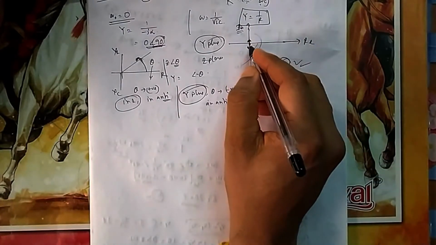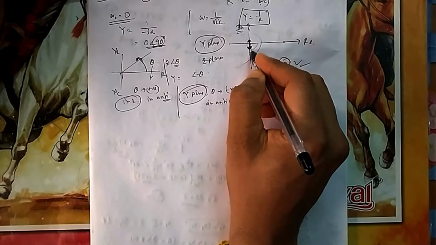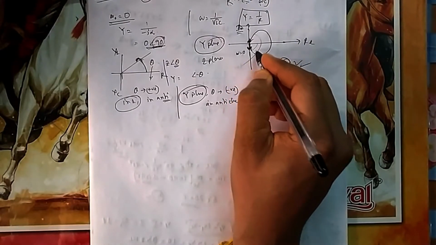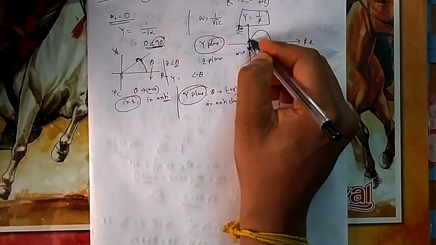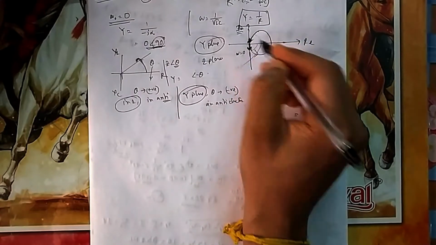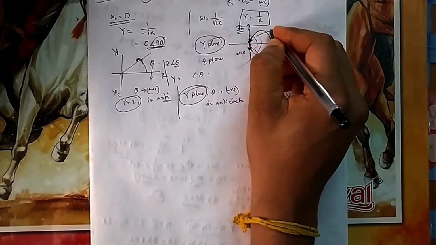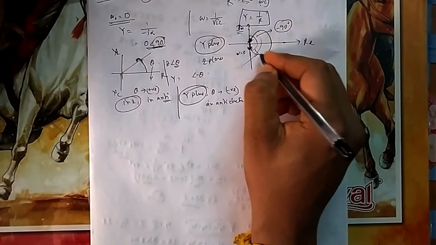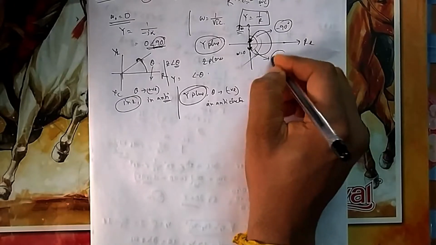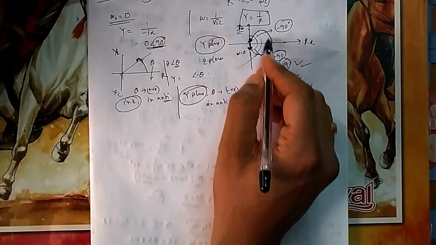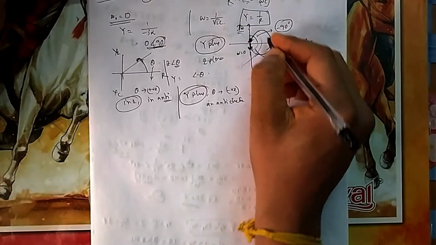I got it from this direction, it will come out and reach here, because at omega 0 it will be here, and then it will move and finally enter like this, because the entry angle should also be 90 degrees. Minus 90 is upward in Y, and this is plus 90. That is the difference. So from plus 90 it will go to minus 90. So you can see how it will go as omega increases. It will move in this direction.